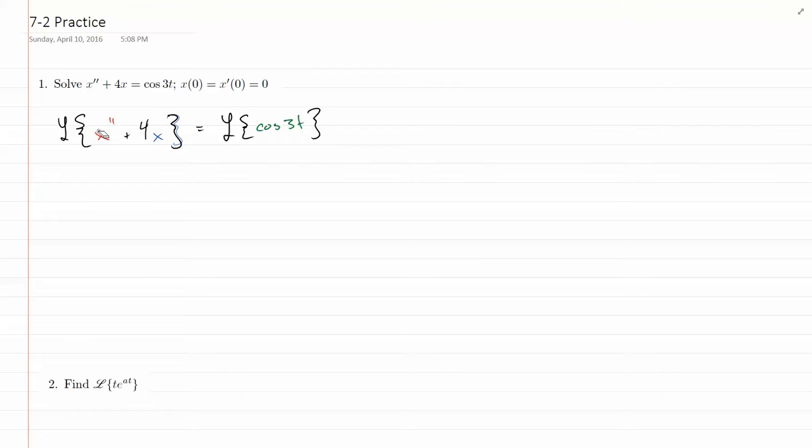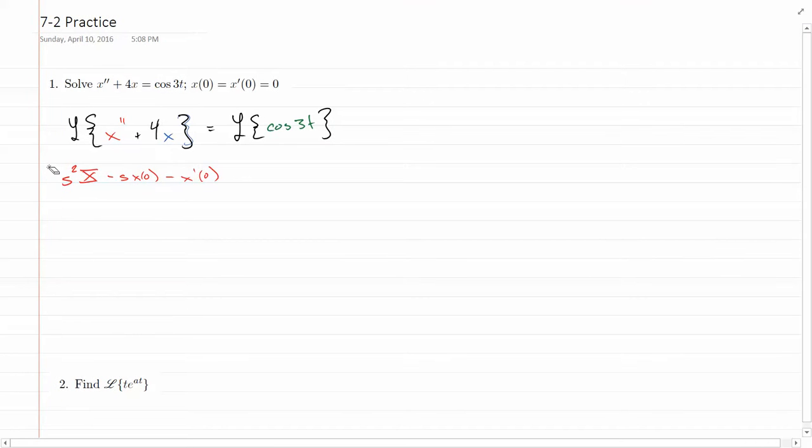Okay. Now the Laplace transform of x double prime, that's going to be s squared times the Laplace transform of x, which I'll denote capital X, minus s x of 0 minus x prime of 0. That's in general how you take the Laplace transform of the second derivative of something.